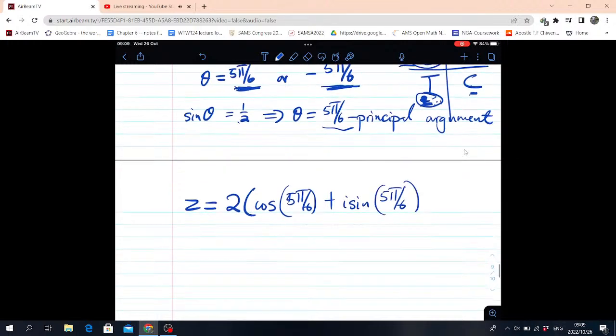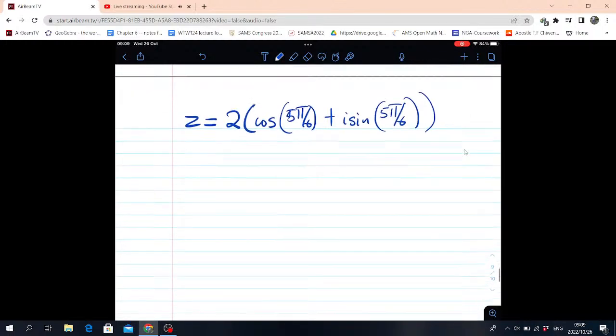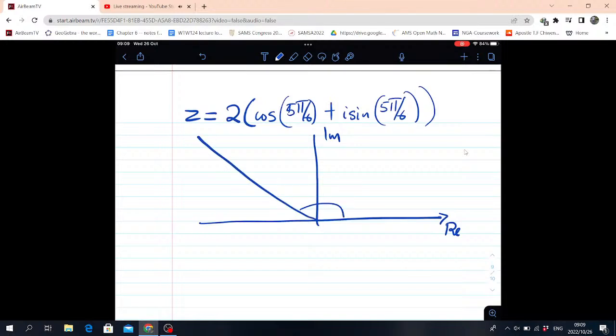And from here, we can then sketch the complex number in the complex plane. So let's now sketch what it looks like. You've got your real axis, imaginary axis, and this is going to be in the second quadrant, right?